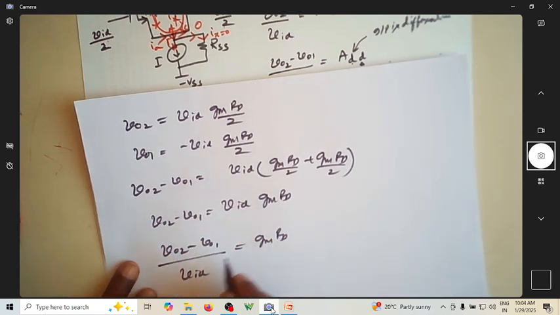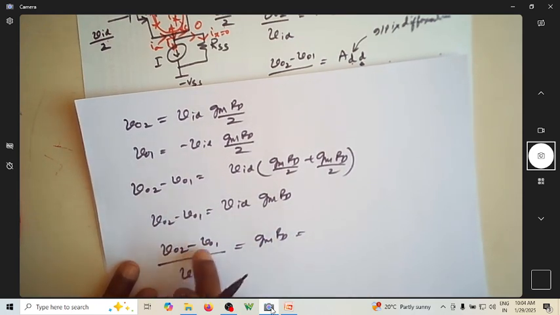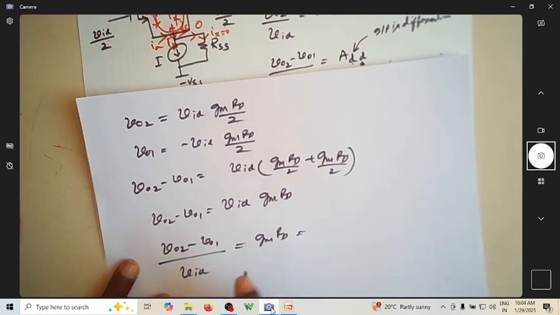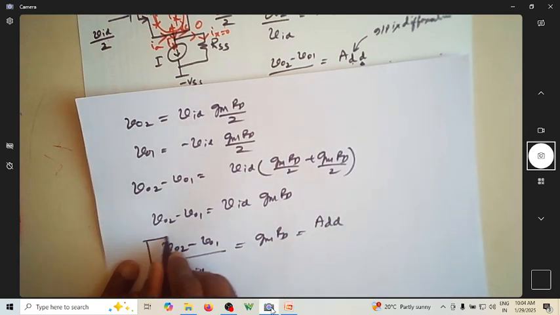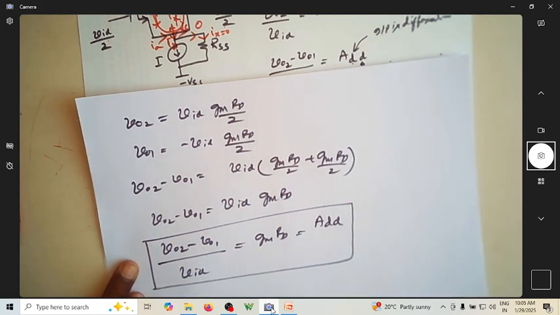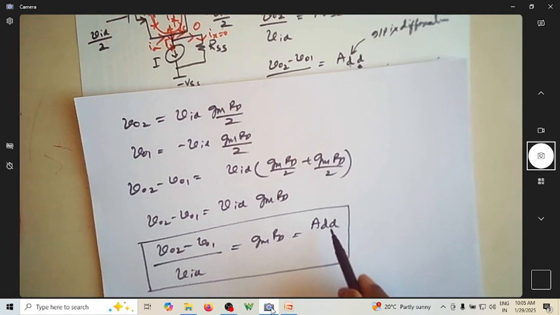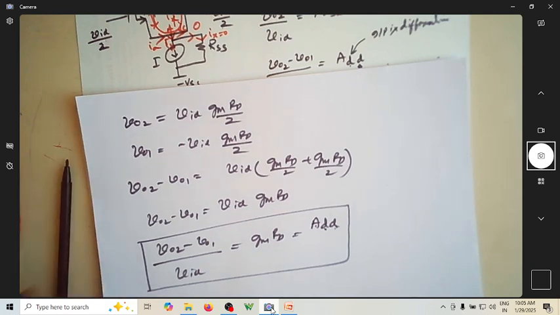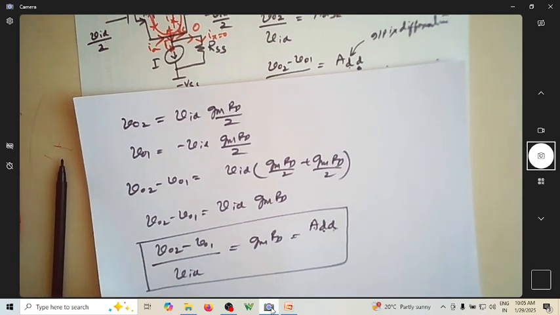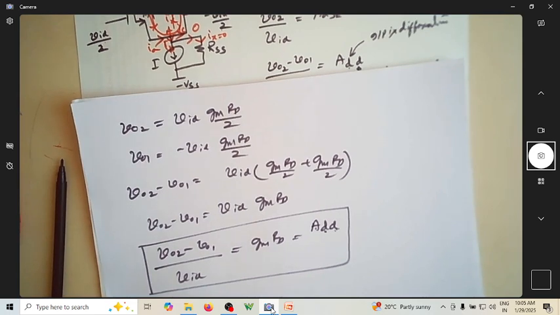What is this? This is the differentially measured output voltage. This is a differential input. So shall I write it as ADD? This is my ADD. So differentially measured, differential input voltage gain, it is GM into RD.